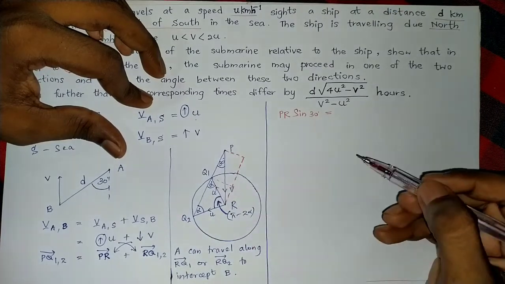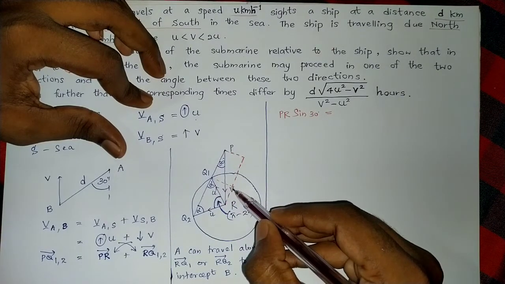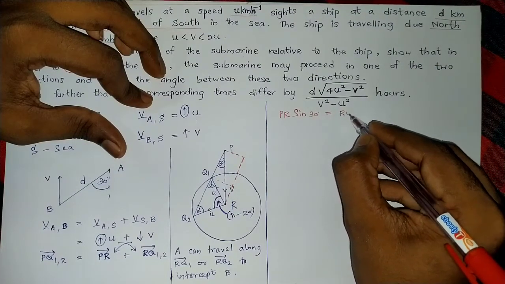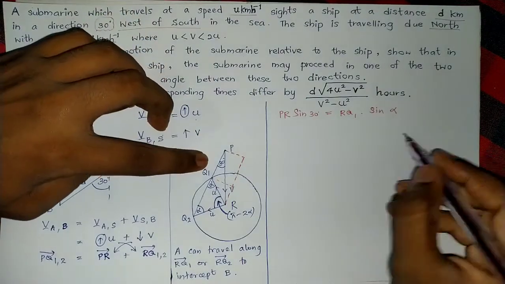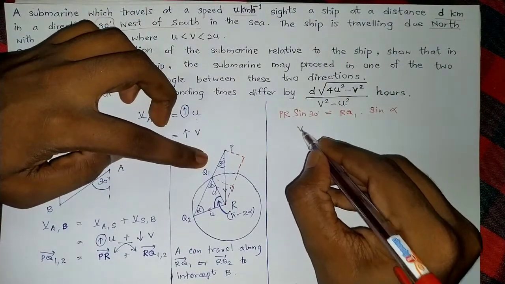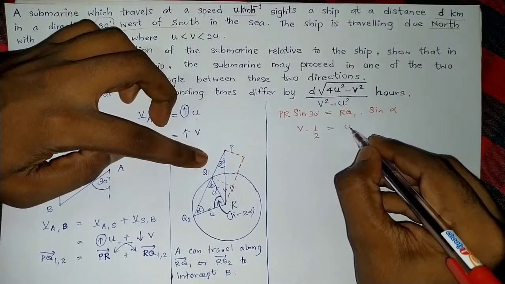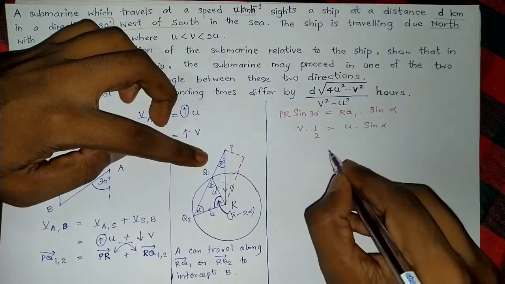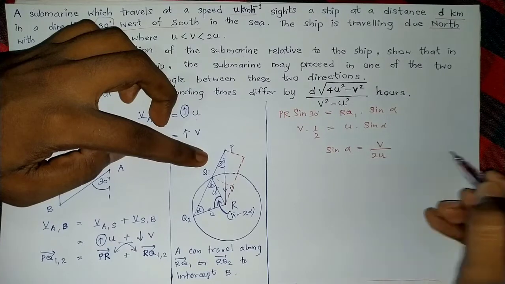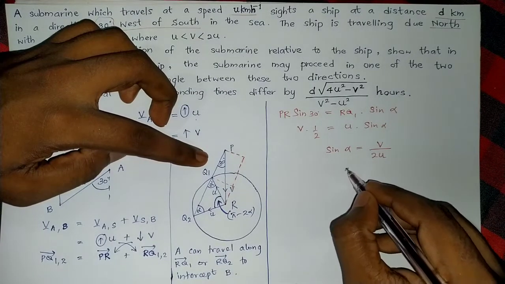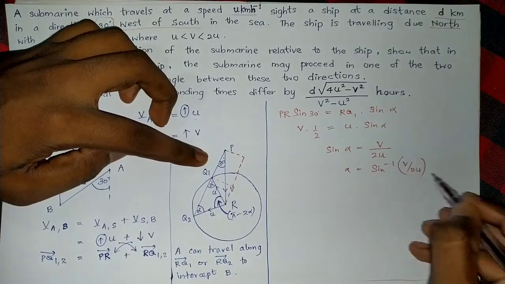According to this right angle triangle, I can resolve the RQ1 vector to this direction, that is RQ1 sin alpha. So PR is V, so that is V sin 30, sin 30 is half, RQ1 is U, U sin alpha. So sin alpha becomes V divided by 2U. So alpha is sin inverse V over 2U.